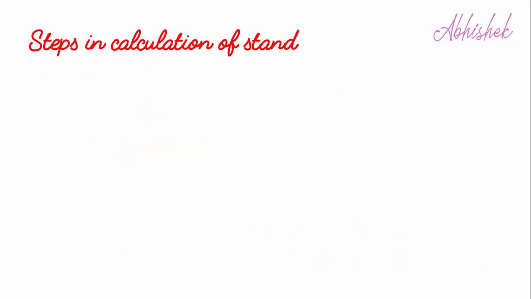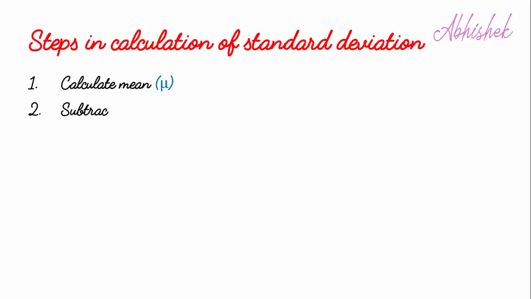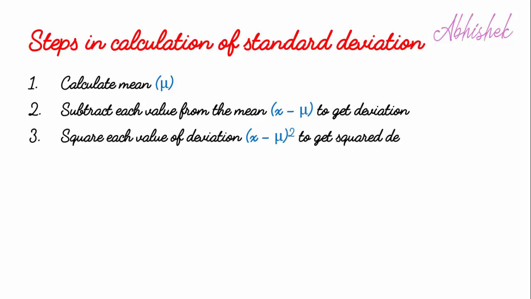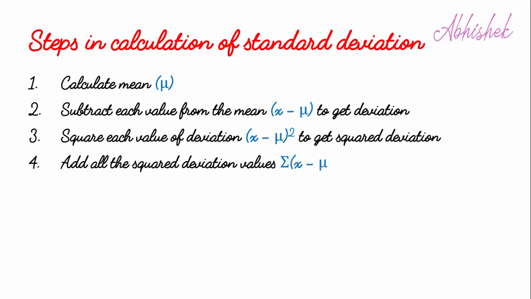Therefore, the steps in calculation of standard deviation are as follows. First, we calculate the mean. Then we subtract each value of x from the mean to get deviation. We square each value of the deviation to get squared deviation, and then we add all the squared deviation values to get sum of squares.